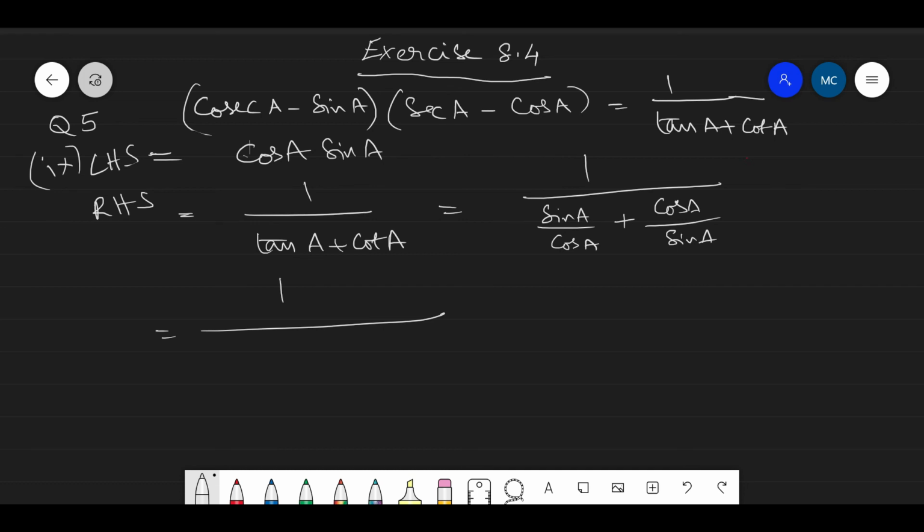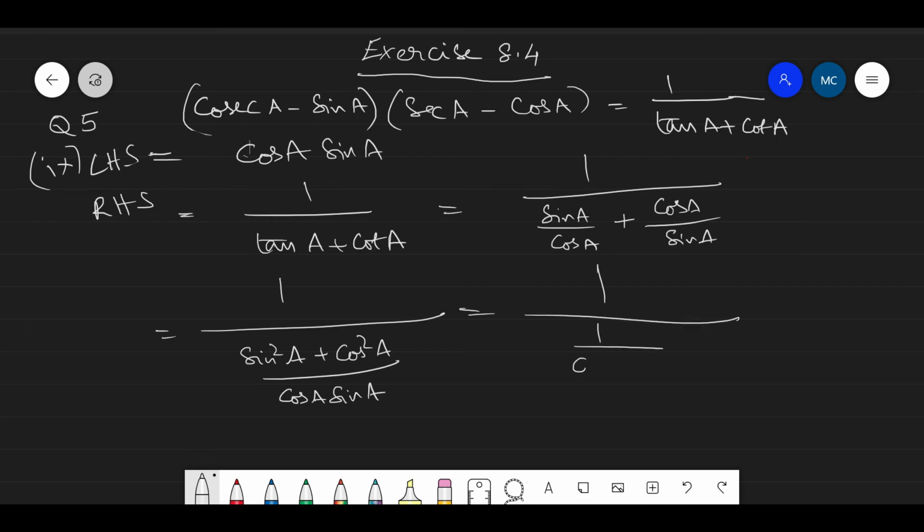So you will be getting cos A sin A as LCM, and here you will be getting sin square A plus cos square A. This will be 1 by cos A sin A, because we know sin square A plus cos square A is equal to 1. So you will be getting cos A sin A as answer.